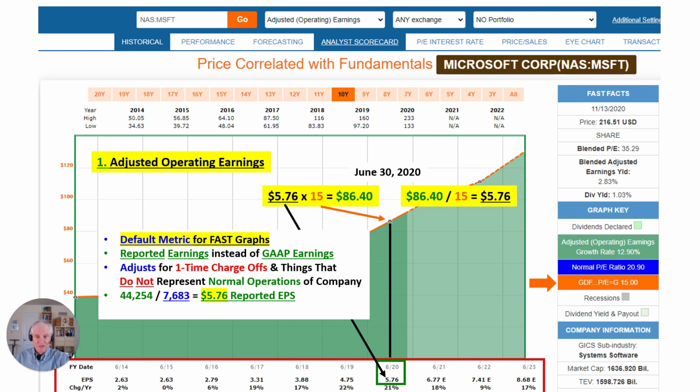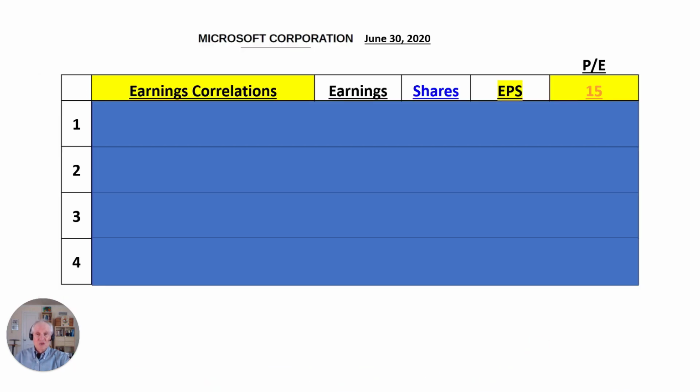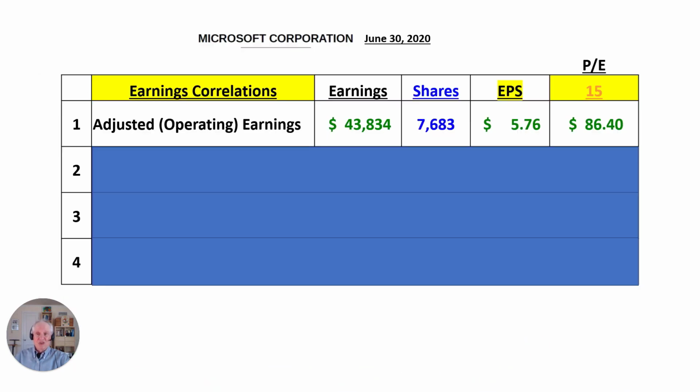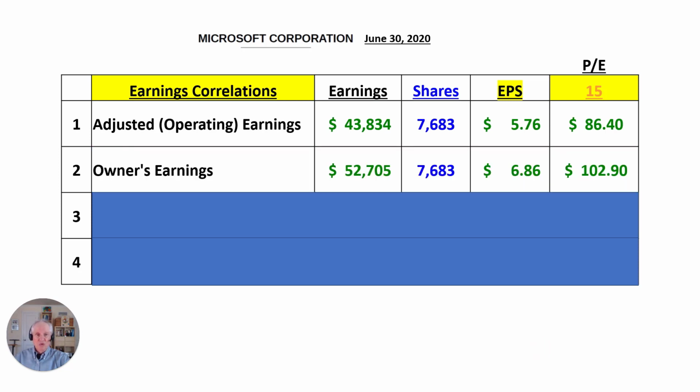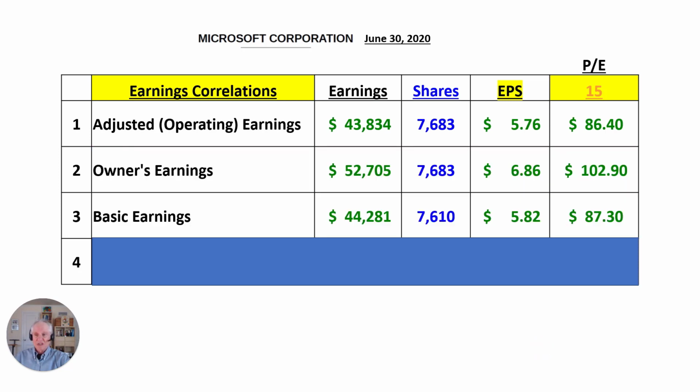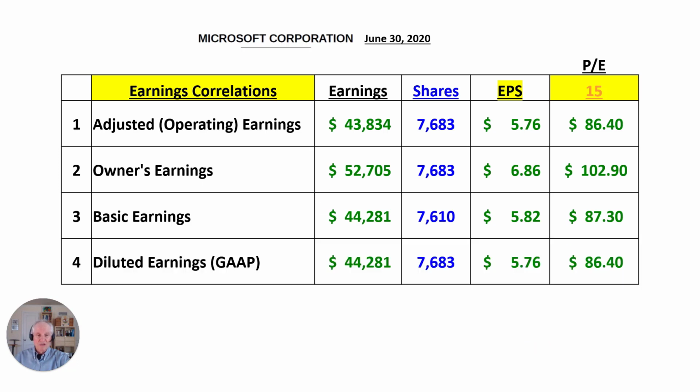You get the 576 reported earnings per share. So we've got these adjusted operating earnings, 576, owner's earnings, 686, basic earnings, 582, and diluted earnings, 576. We got 4 different values for Microsoft at a 15 PE.